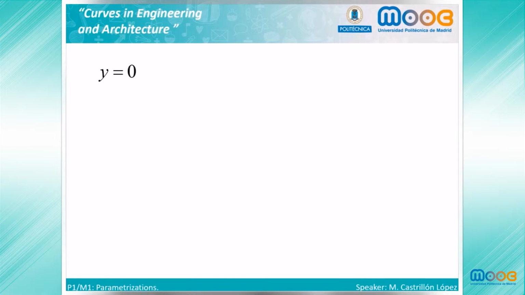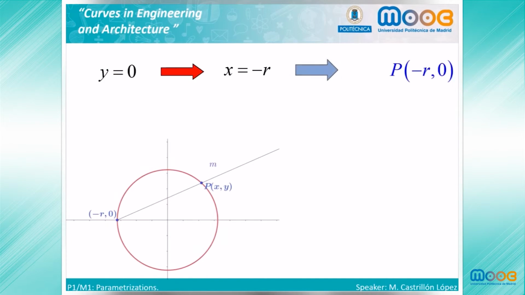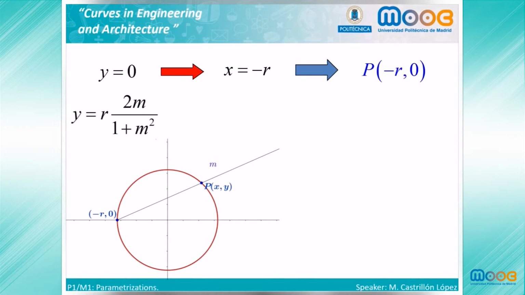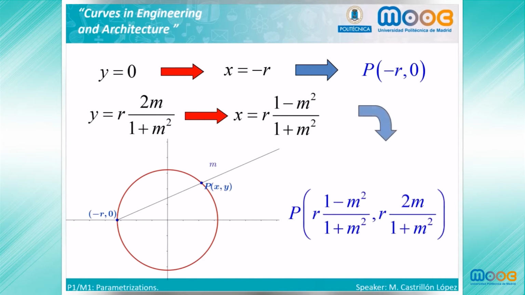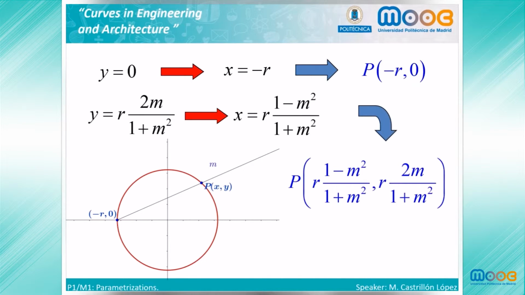The value y equals 0 corresponds to the origin of the pencil of lines. And the other is the expression we are looking for. And from it, we also get the coordinate x of the point. That gives the parametrization of the circle in terms of the slope.